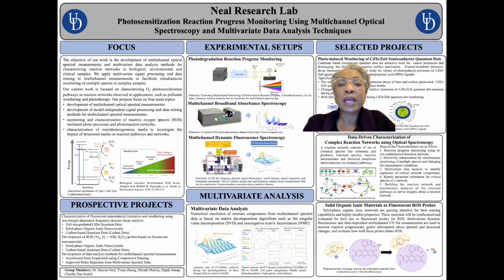ROS are interesting analytical targets because they play central roles in a range of biological, environmental, clinical, and industrial processes. In biological systems, ROS can even play competing roles, making accurate identification and quantification even more challenging.